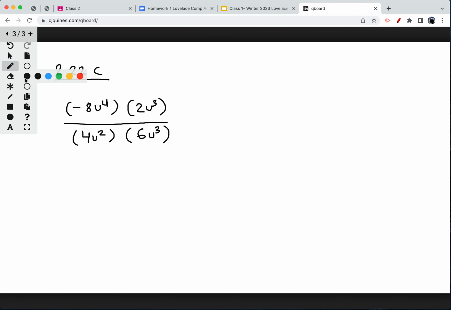So the first thing you want to do here is you want to separate the constants, which are just regular numbers. So you want to separate these from the variables.